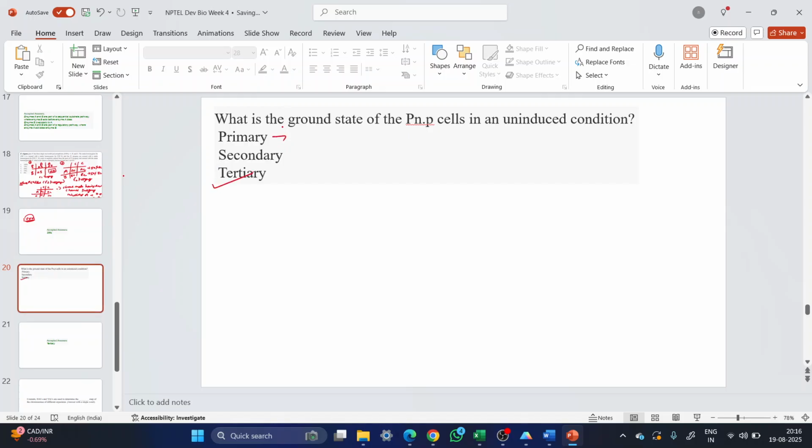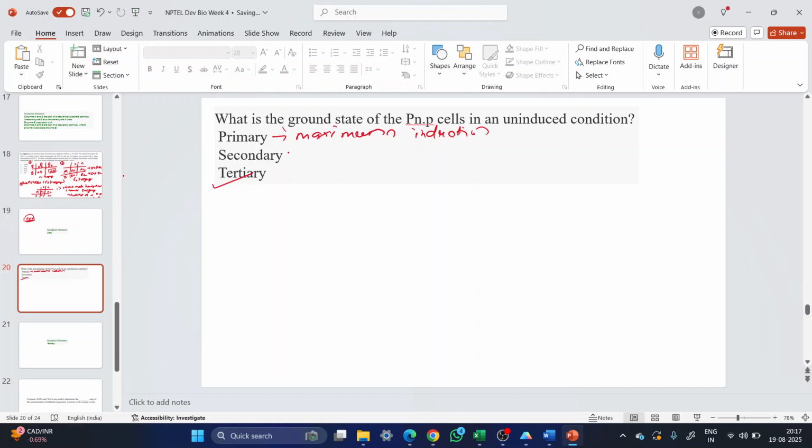Maximum induction will lead to primary cells. Okay, here they have the maximum induction. Little lesser, they become the secondary cell. Completely not receiving any of the induction, then they become the tertiary. Okay, this is the default state.